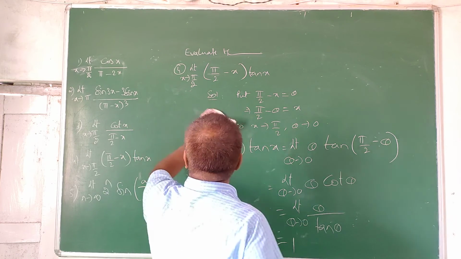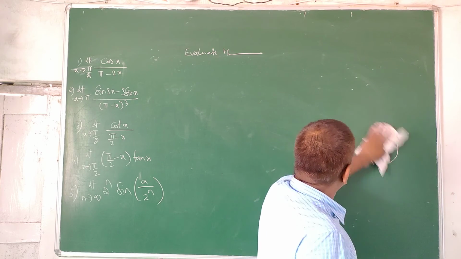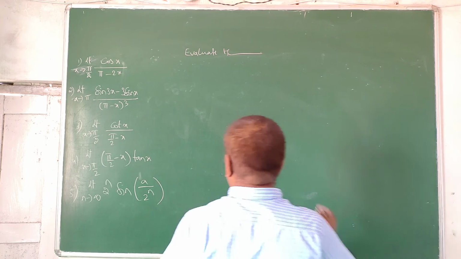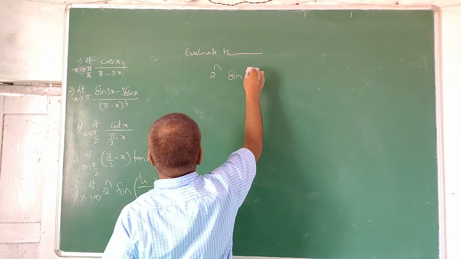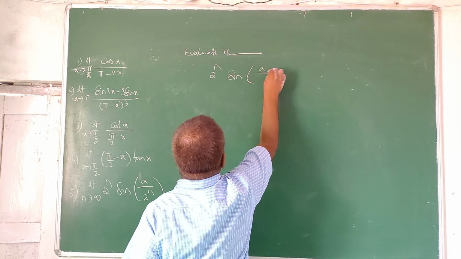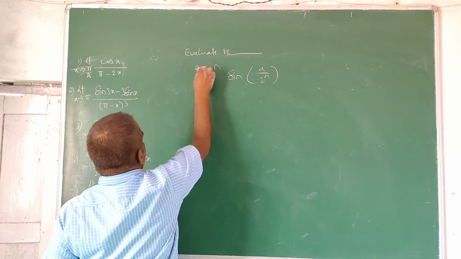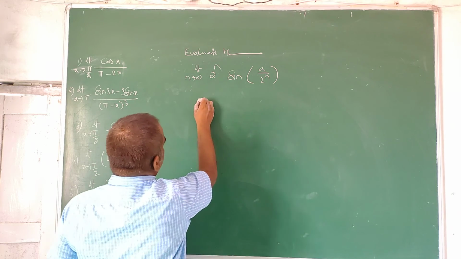So let us go for another problem: 2 power n into sine of a by 2 power n, limit n tends to infinity. This is how I am evaluating.